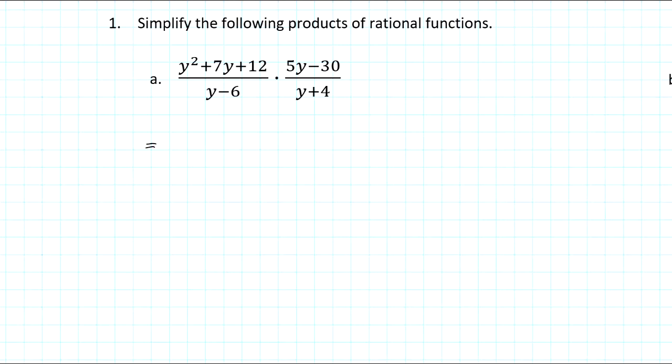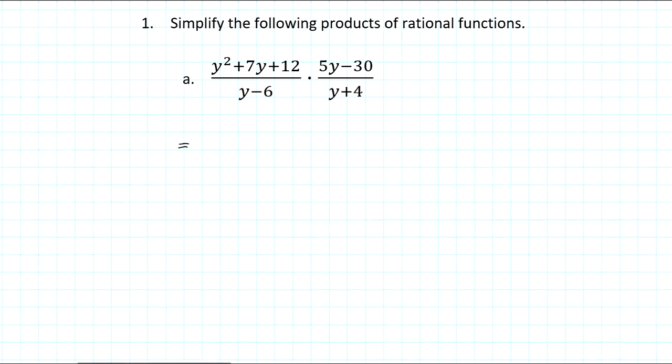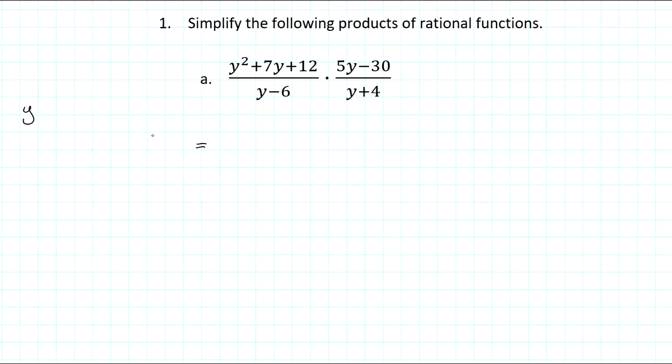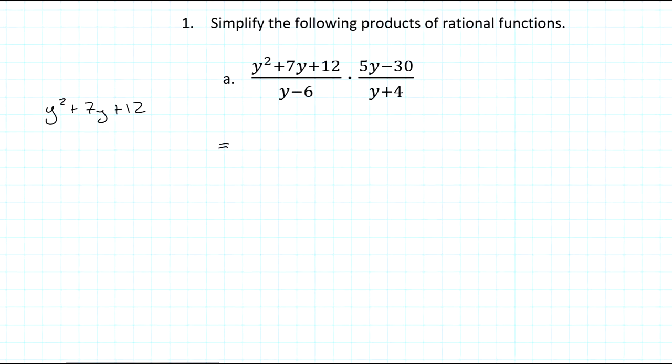So the y squared plus 7y plus 12: we need a y times a y, and a 3 and a 4 will make the 12 and add to 7. So we can factor this as y plus 3 times y plus 4.